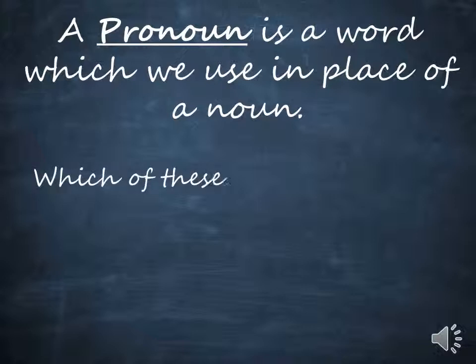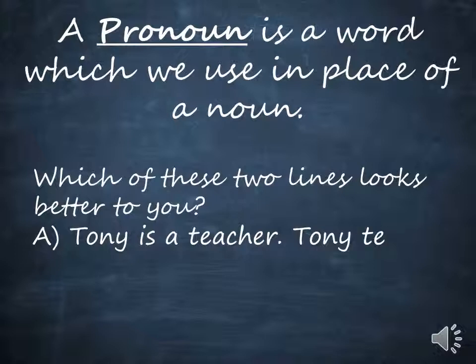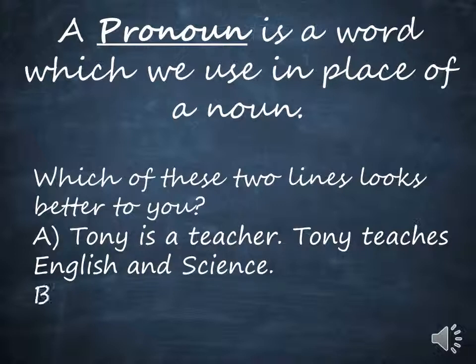So, which of these two lines looks better to you? A. Tony is a teacher. Tony teaches English and science. Or B. Tony is a teacher. He teaches English and science.